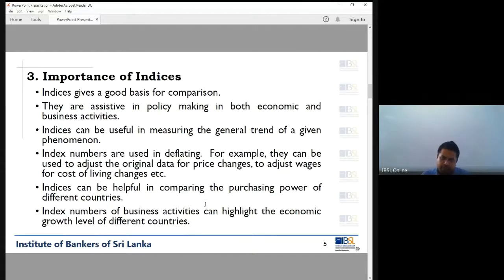Fifth point, indices can be helpful in comparing the purchasing power of different countries. Now, this is a very important point. Certain countries, if you look at their demographies, may not have the same currency, or the same style or type of economy. Some will be socialist, some will be democratic.